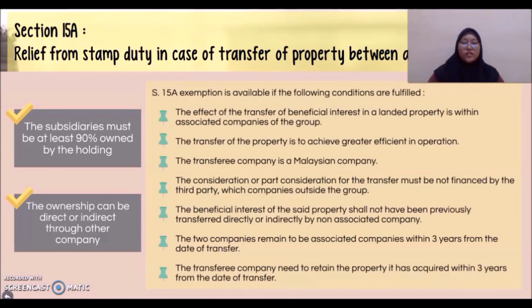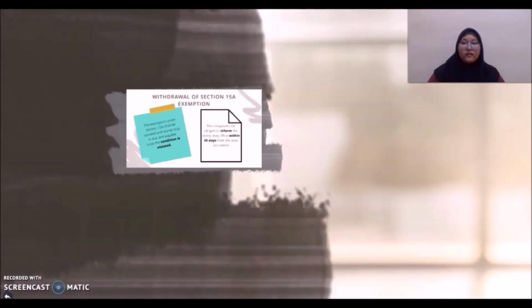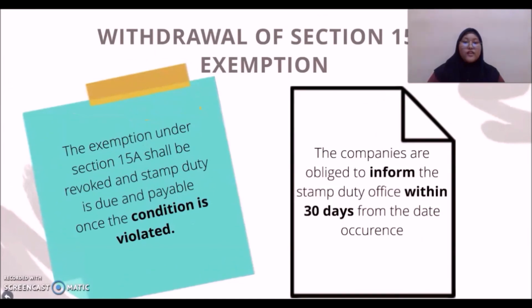And the last condition is that the transferee company needs to retain the property it has acquired within 3 years from the date of the transfer. Relief under section 15A can be withdrawn if any of the conditions I have mentioned is violated, and the company should inform the stamp duty office within 30 days from the date of occurrence.